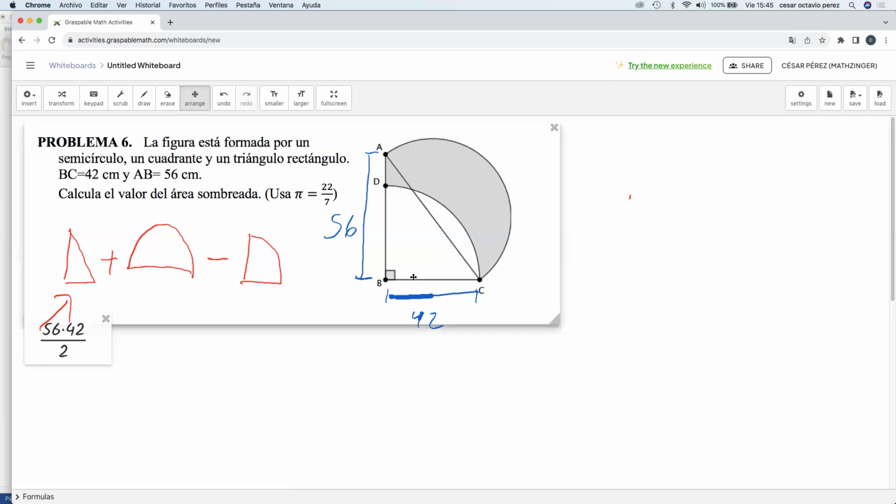Do you find something special about this triangle? It's a right triangle. Yes, but we can use the Pythagorean theorem. This is 7 times 6, 7 times 8. Okay, this is 14 times 3 and 14 times 4.